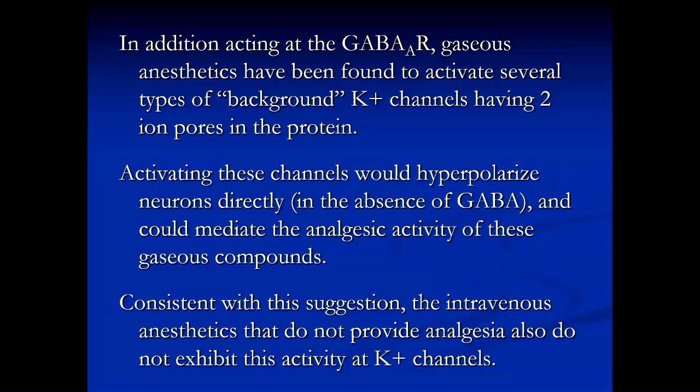And so the IV agents, the IV anesthetics, drugs like propofol that we just overviewed, don't seem to have this activity at these potassium channels, and so that might explain why they don't provide sufficient analgesia or disruption of the perception of painful stimuli. So gaseous anesthetics, maybe somewhat surprisingly, have multiple mechanisms of action that might explain why they not only provide anesthesia in terms of unconscious lack of responsiveness, but also provide adequate analgesia as well.